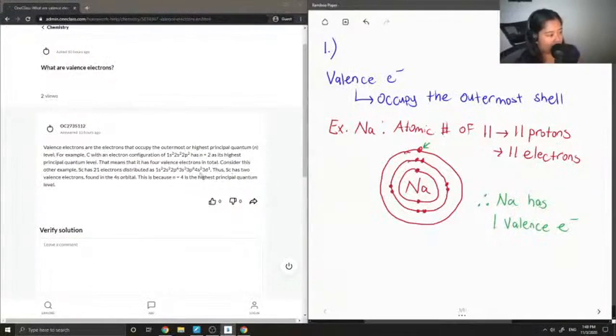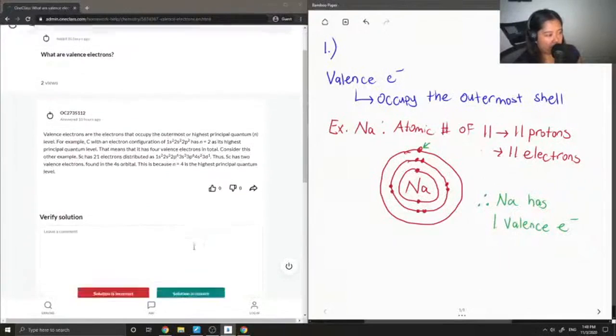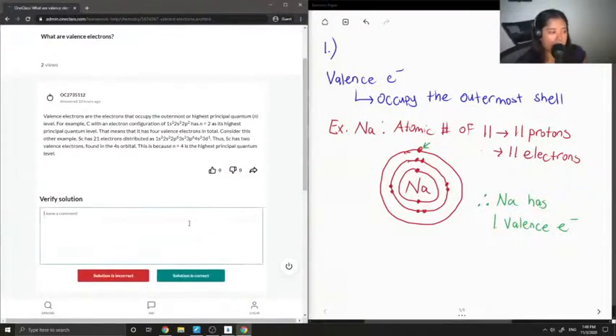Thus, it has 2 valence electrons found in the 4s orbital. This is because n equals 4 is the highest principal quantum level. So this is another method of how you would figure out how many valence electrons are in an atom. I'm just going to say this solution is correct since they gave the correct definition.